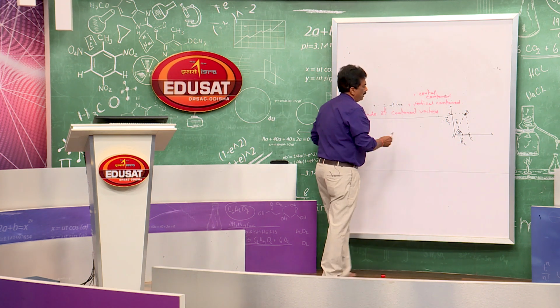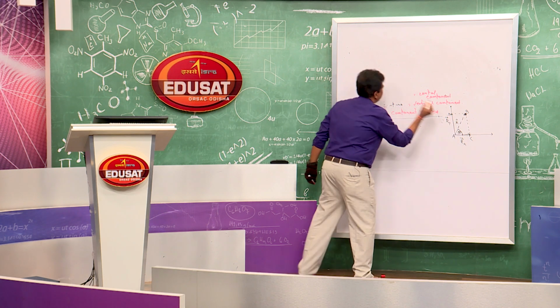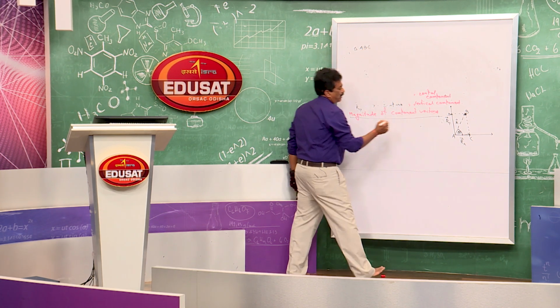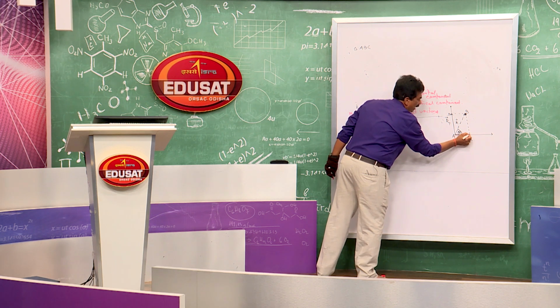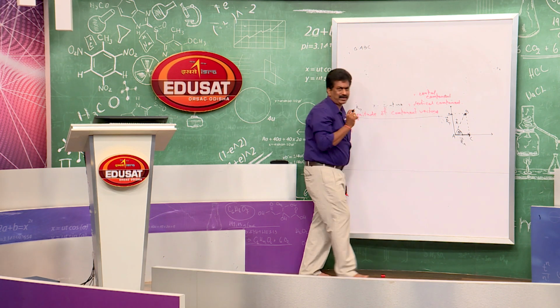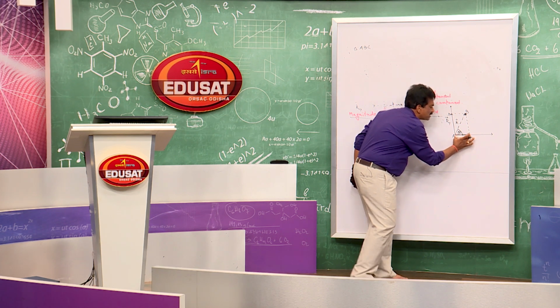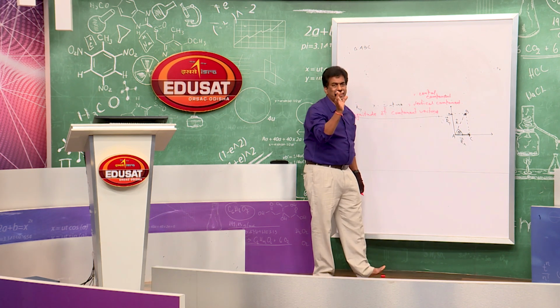You see, now ABC triangle ABC. In this triangle ABC, AC is the vector, and without the arrow mark, that AC will be its magnitude.